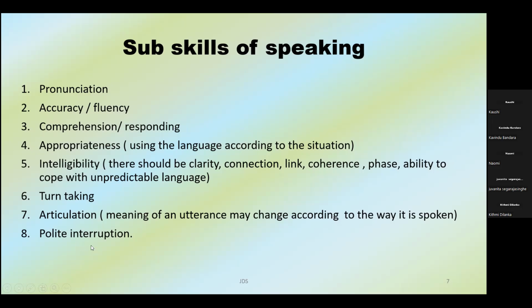Polite forms. Right? So remember the sub-skills related to speaking. It can be with any speaking activity. You need to address one of these sub-skills. Go through the sub-skills once again.